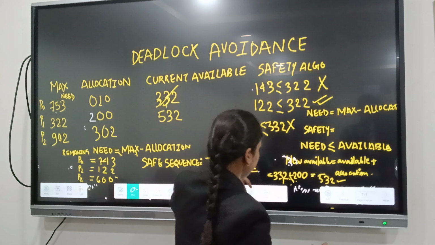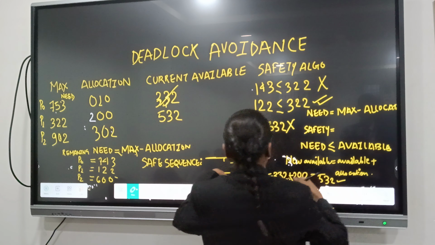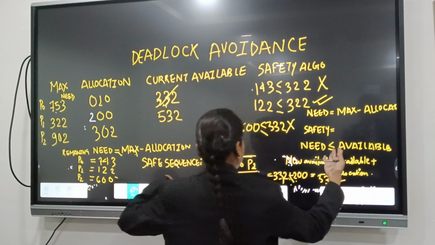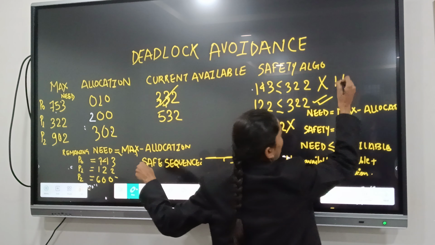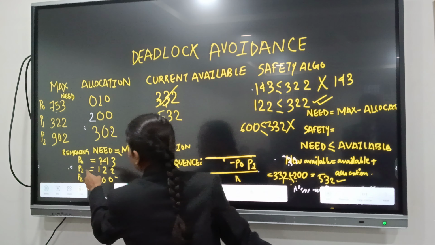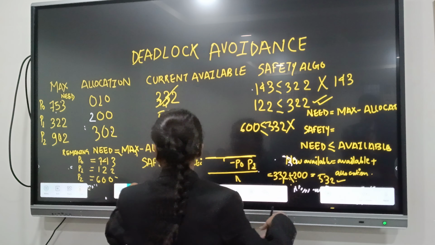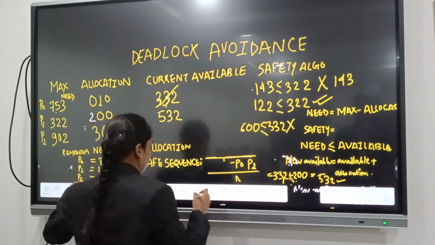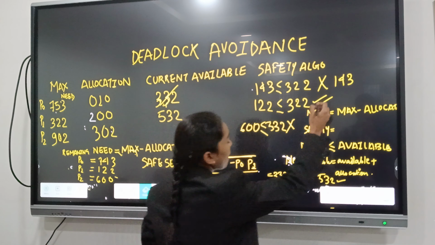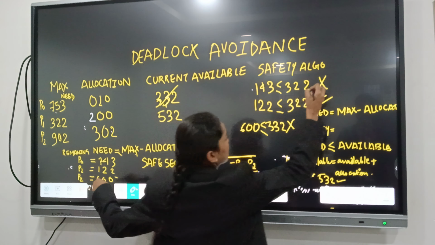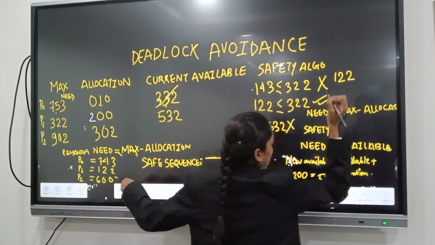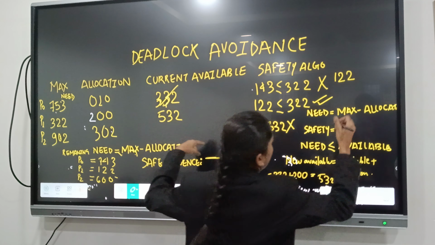So I will compare its need with the available. For process P0, its need is 743 and its availability is 532.